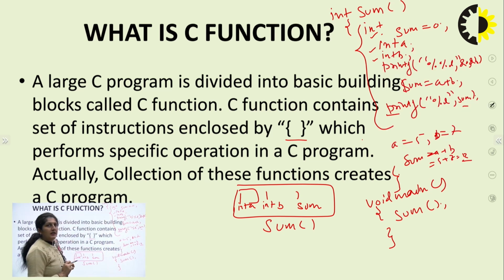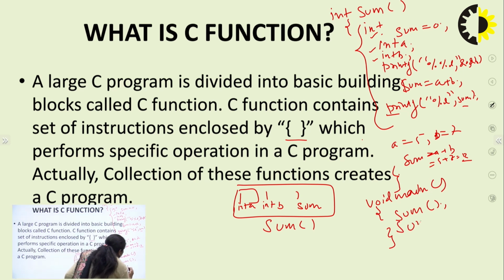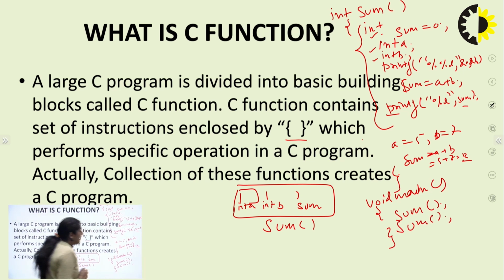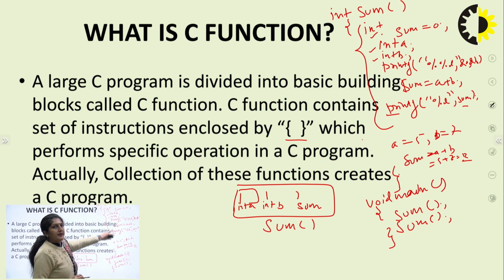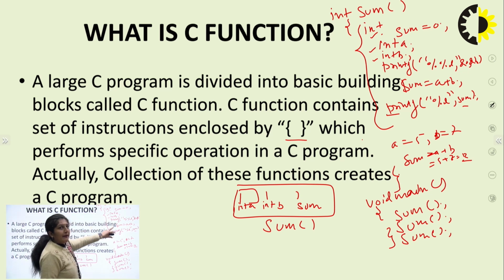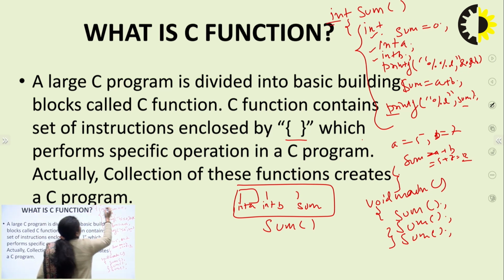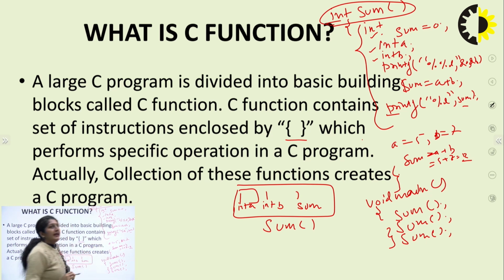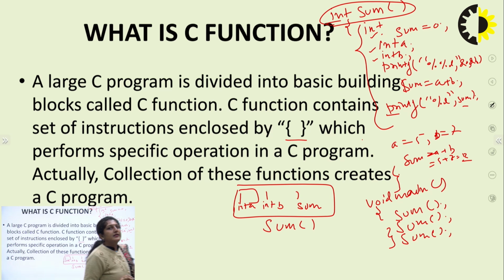Now if we want to execute this again, we can simply write sum again. We don't have to write all the statements again. If we call sum 3 times, this set of statements under the int sum function will be executed 3 times. Like this, we can execute such statements more than once using a function.